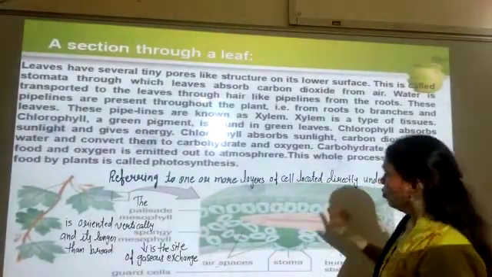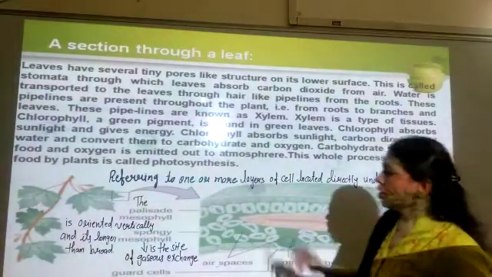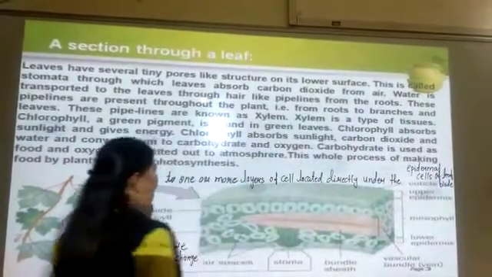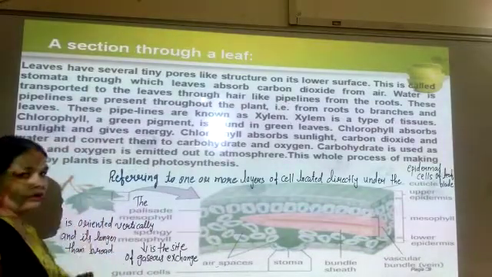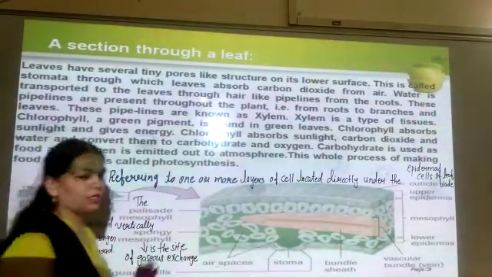This type of location we have to see. So here, how many parts are there that we have to see, and what are the functions of these parts?